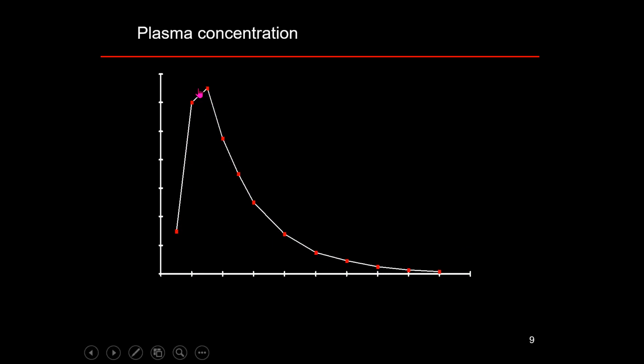Okay. This tells you how long the drug remains in the bloodstream, how long it's going to be effective. Some drugs may go up fast and come down fast. Some drugs may come down slowly. If it is coming down slowly, that means the concentration in the blood is there for a longer time. If it is coming down fast, then the concentration in the blood is coming down fast.